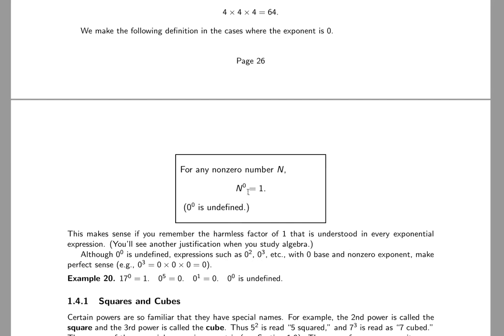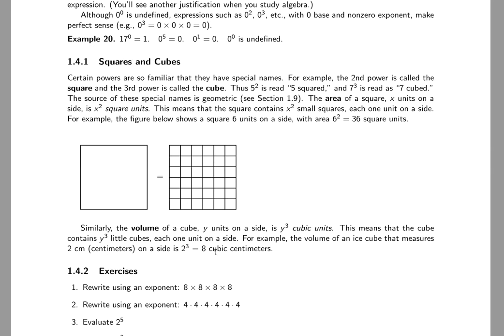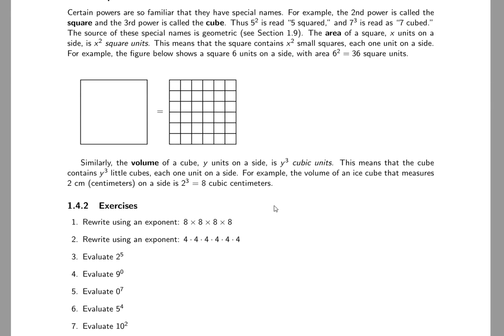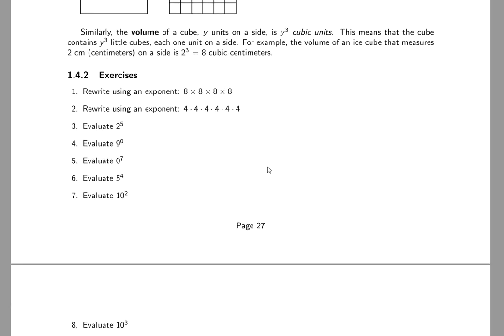We saw this rule. Any number to the power of 0 is 1, except for 0 to the power of 0. And squaring, cubing, higher powers.